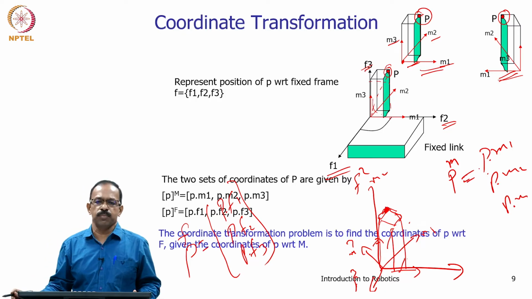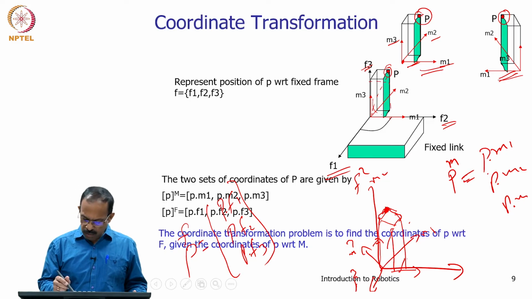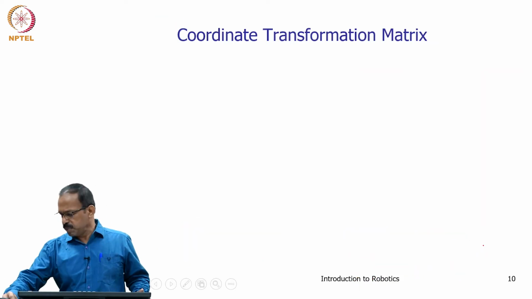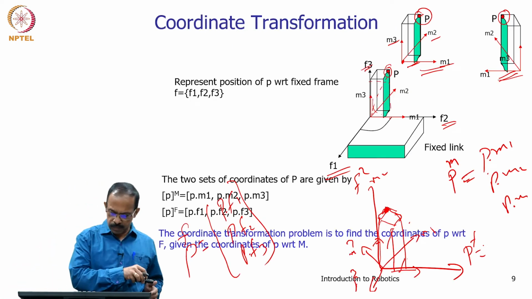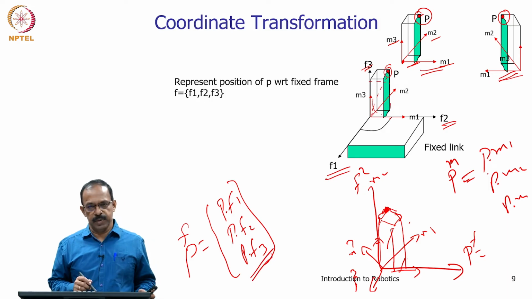So, there is no change in the position of P with respect to the mobile frame, but since this is rotated by 90 degrees, its position with respect to F can still be represented using P dot F1, P dot F2, P dot F3.